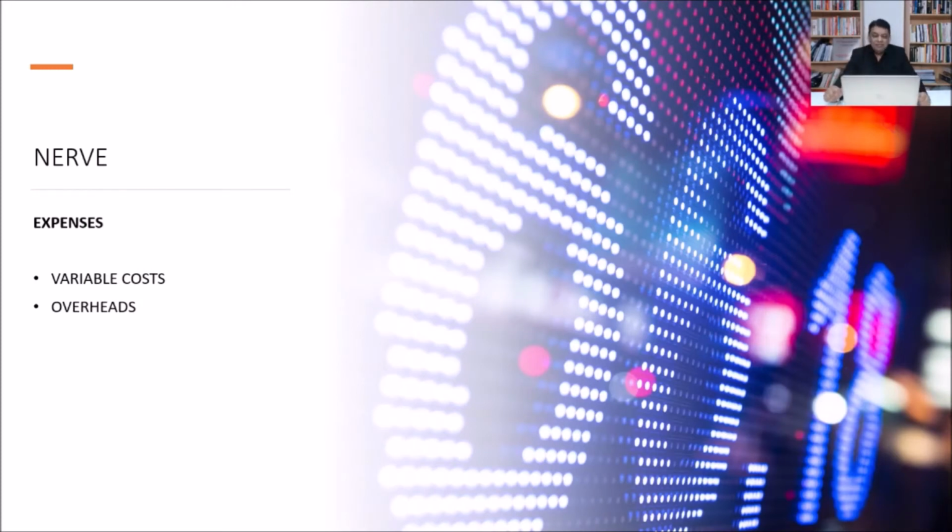E stands for the expenses itself. Now, I mentioned the variable cost and overheads, but as a non-finance director, here are some questions that you need to really consider. First and foremost, what is that particular efficiency level? What is happening as far as efficiency is concerned?